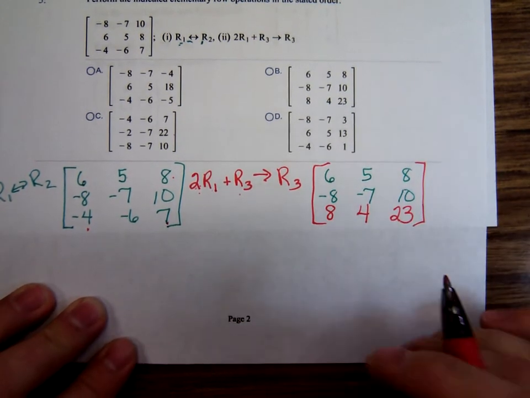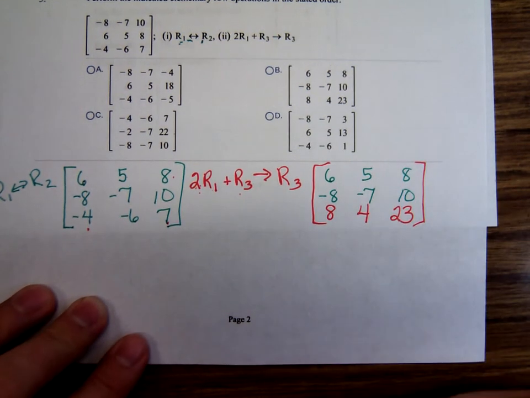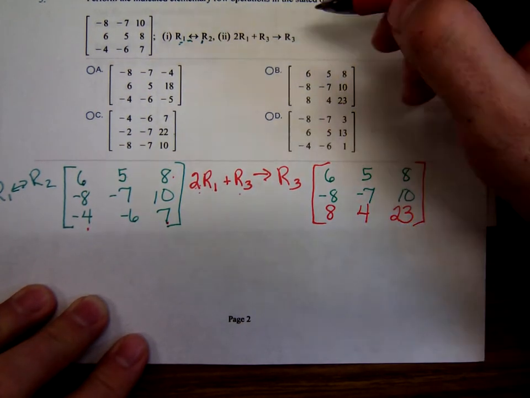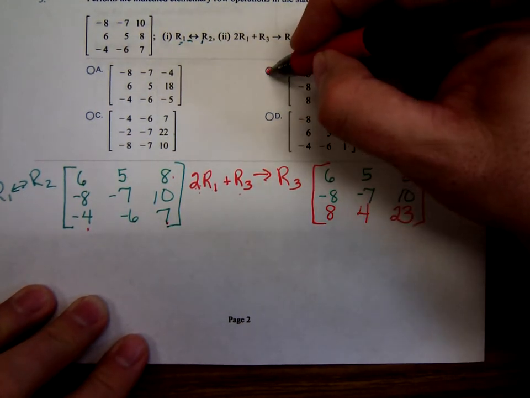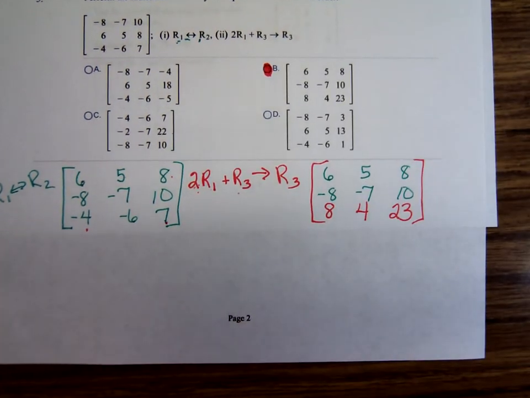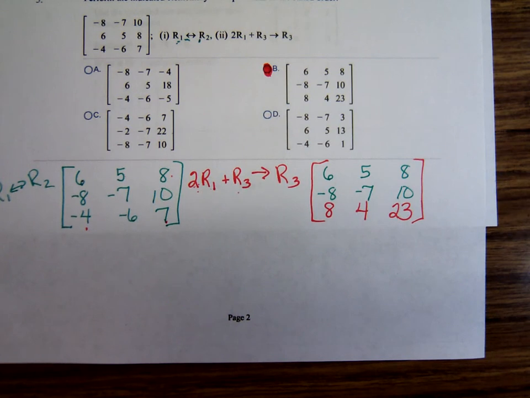Now this is a multiple choice one, so you don't have to type in all the numbers. It's A, B, C, or D. Which one would that be? Is it B? B is the only one that has 23 as its last number, so either I messed up or it's B, isn't it? Okay.